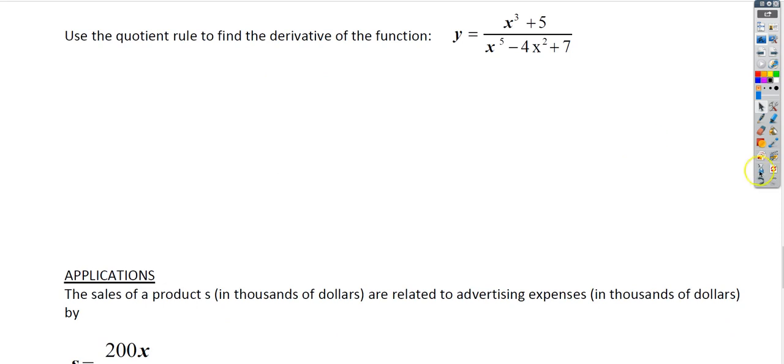Alright, same thing. So we're going to call this u of x, this v of x.